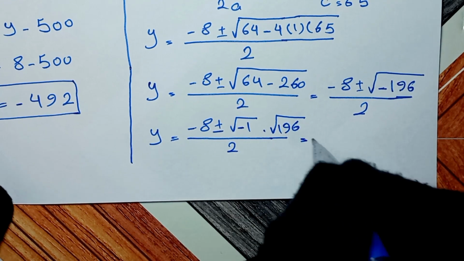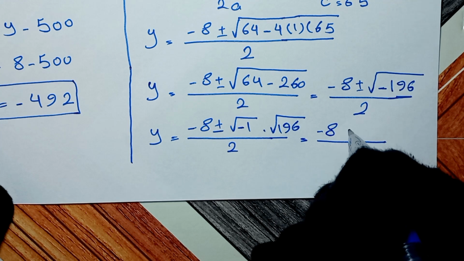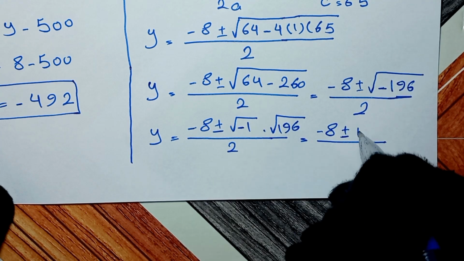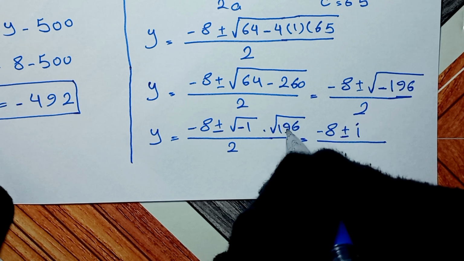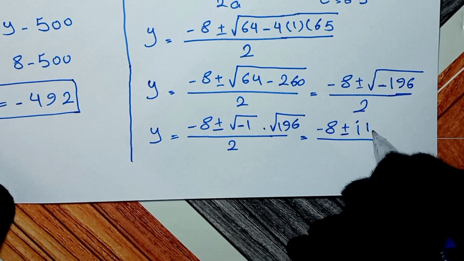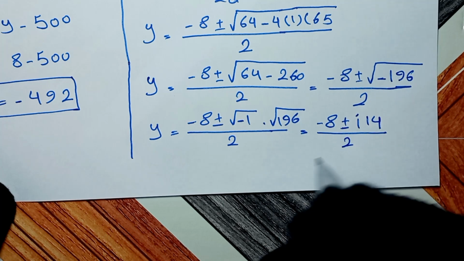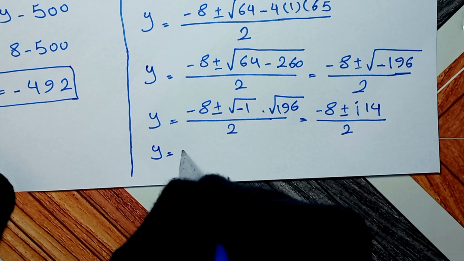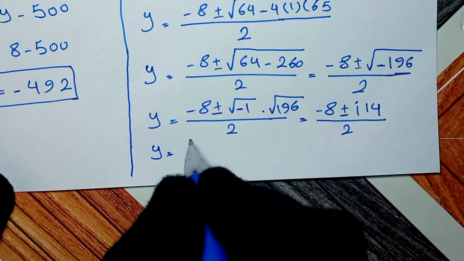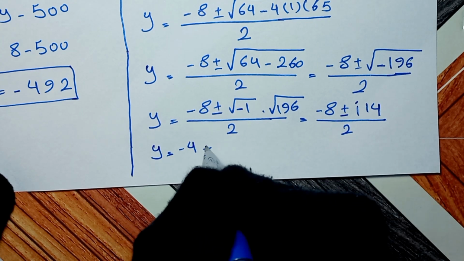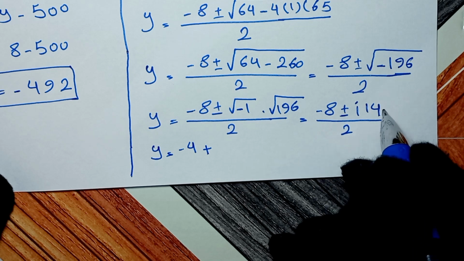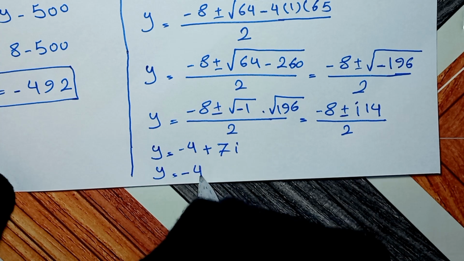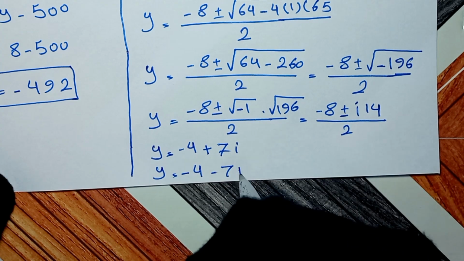And from here, it will be negative 8 plus or minus, where the square root of negative 1 is i and the square root of 196 is 14, so i times 14, over 2. From here, we have two values for y. y is negative 8 over 2, which is negative 4, plus 14i over 2, which is 7i, and y is negative 4 minus 7i, right?